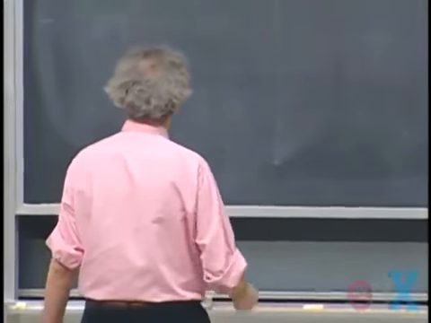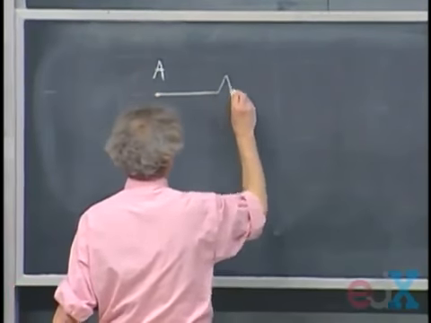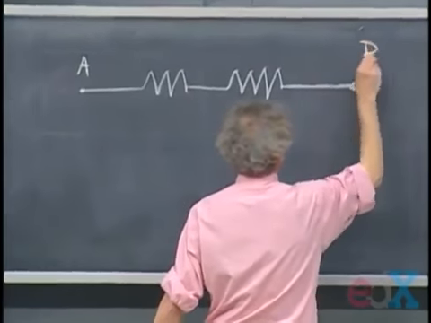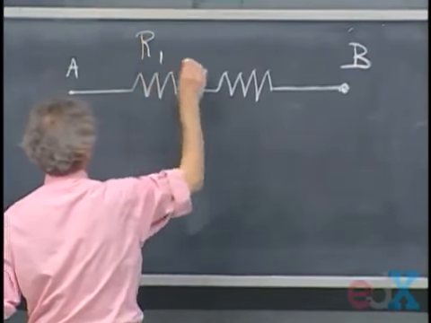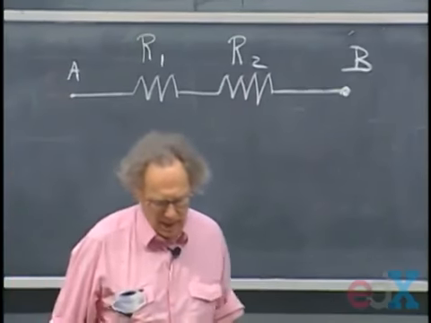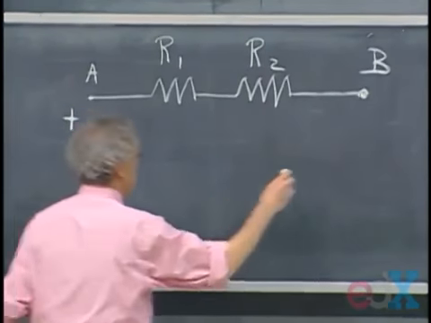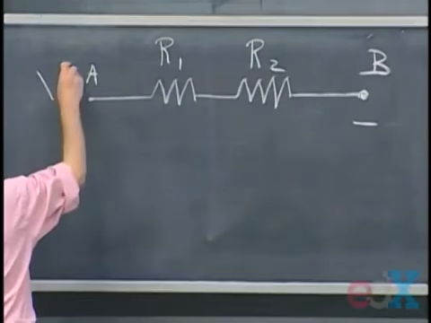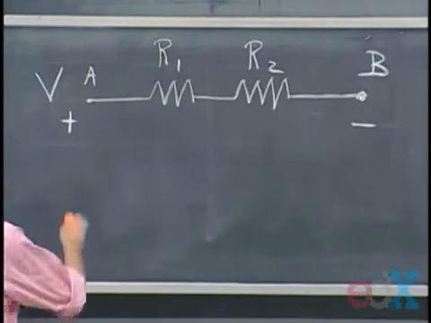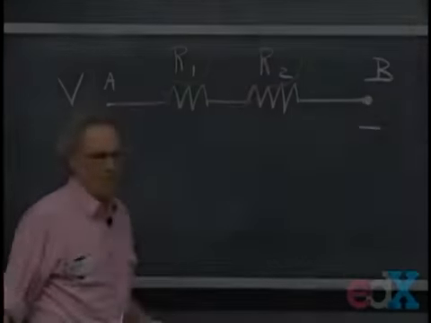So we will just use Ohm's law for now, and if you can't use it, we will be very specific about that. So suppose I have here, between point A and point B, suppose I have two resistors, R1 and R2. And suppose I apply a potential difference between A and B, let this be plus and this be minus, and the potential difference is V. And you know V, this is known, I give you V, I give you this resistance, and I give you that one.